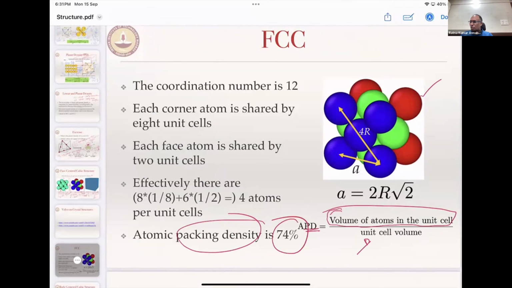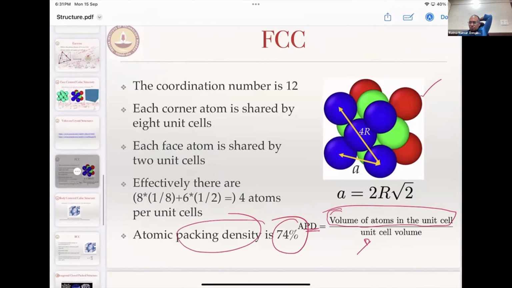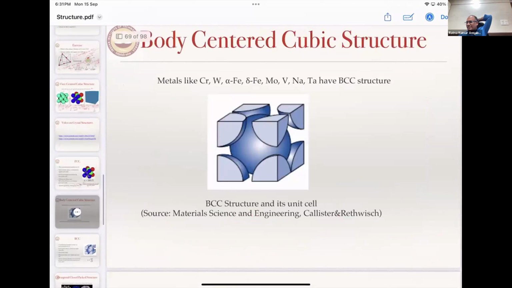A similar thing can we do for BCC? A BCC lattice looks like this. What is the effective number of atoms in a BCC? 1 plus 1 by 8 into 8, that is 2. What is the volume?